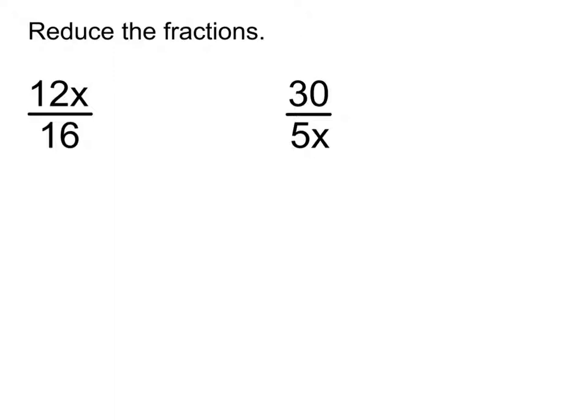It's kind of like I have 12x plus 16, and I'm having to factor that. And so it's the same idea. What can I divide both of them by? In fact, you did that problem earlier in class. What did we divide both the 12x and the 16 by? 4.